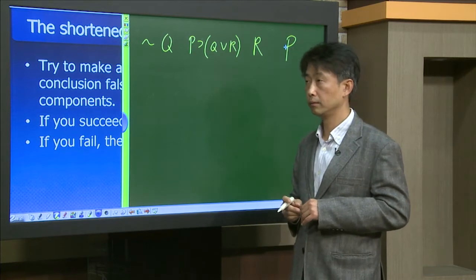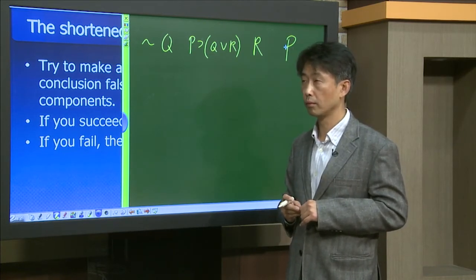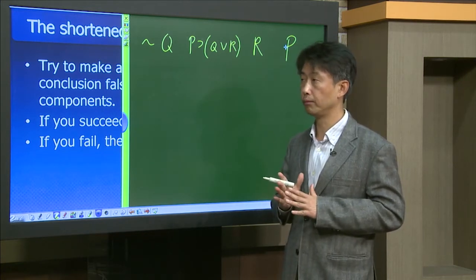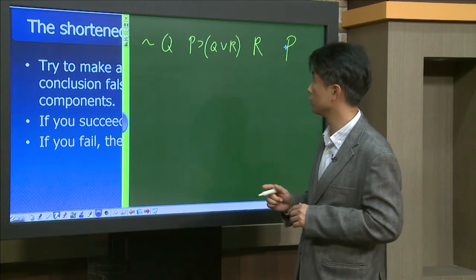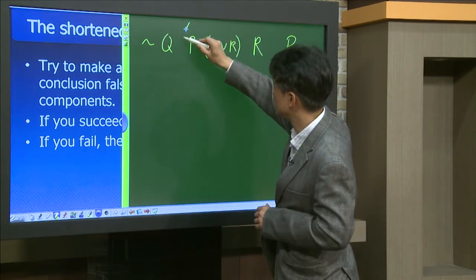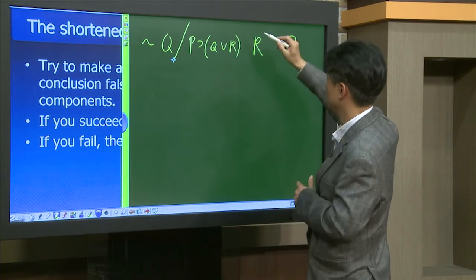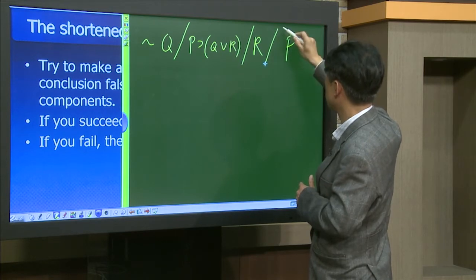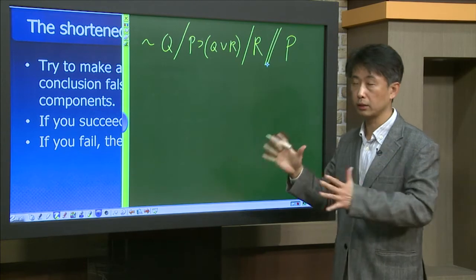It's useful to write down the slash in order to distinguish premises and the conclusion. For example, we can use a slash to distinguish different premises, and we can use a double slash to differentiate the premise part and the conclusion.